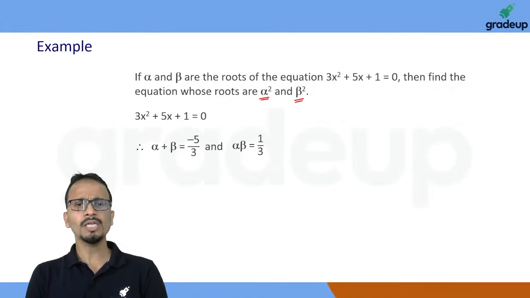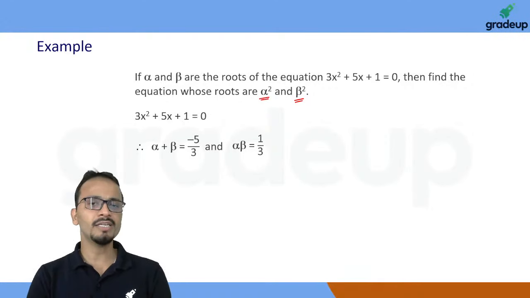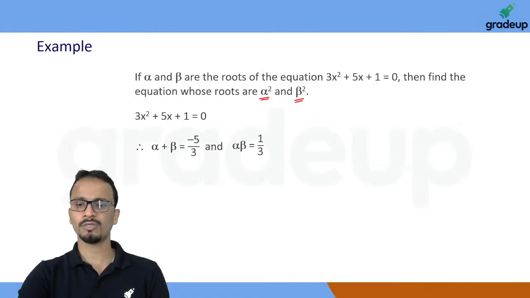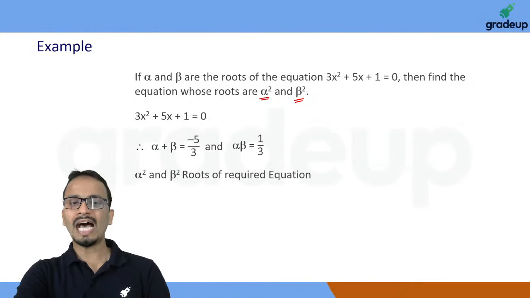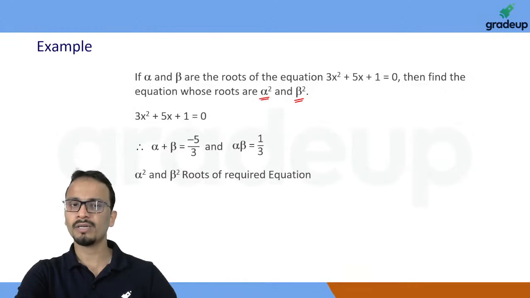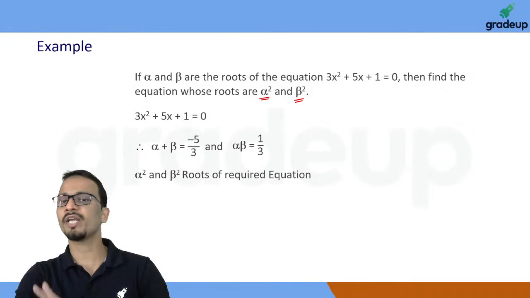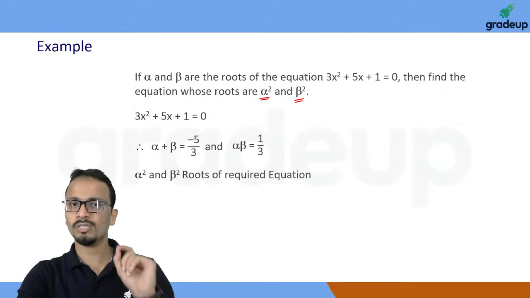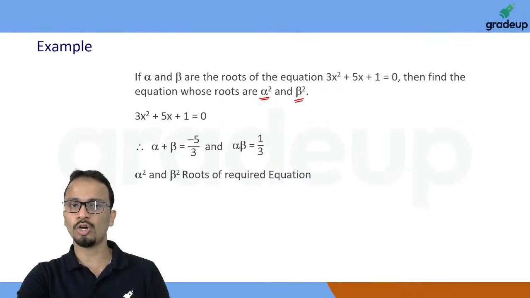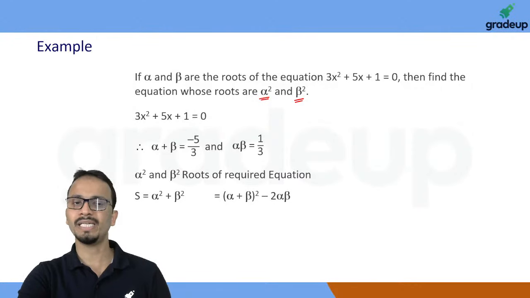So for the required equation, I'll find the values of the sum of the roots and the product of the roots. Alpha square and beta square are the roots of the required equation. So the sum of the roots of the required equation will be alpha square plus beta square.